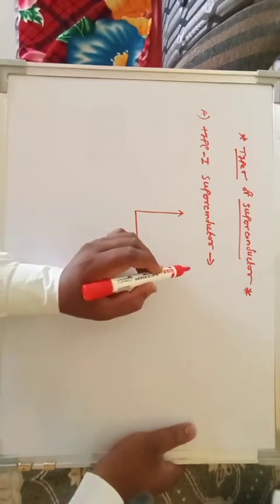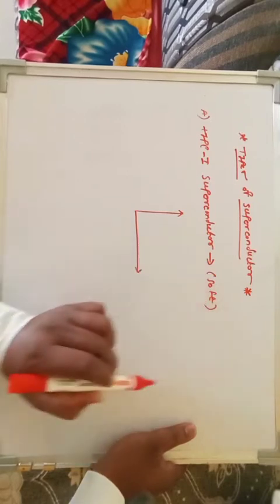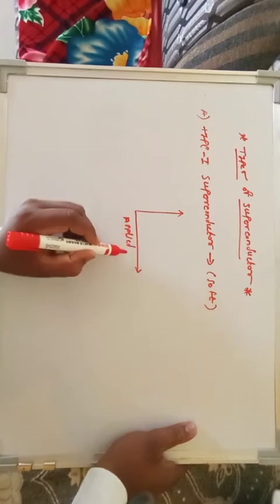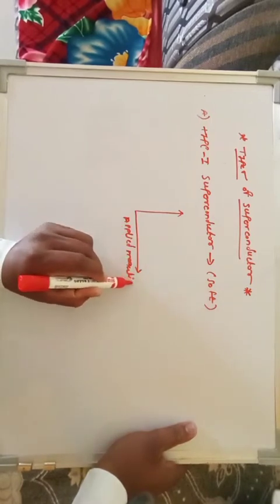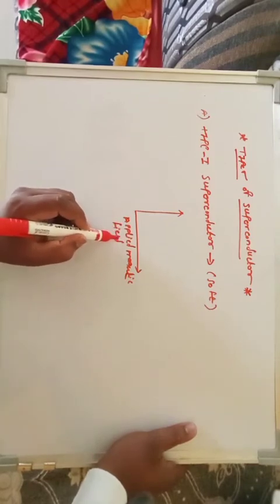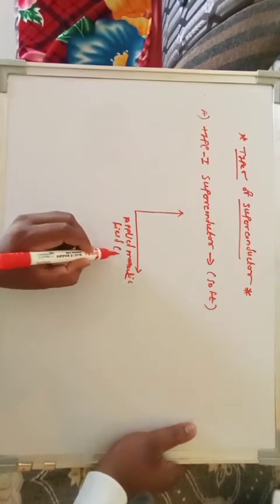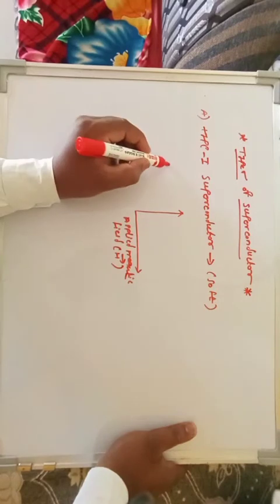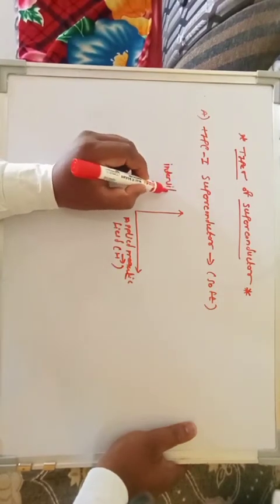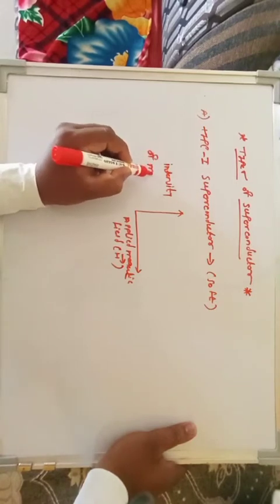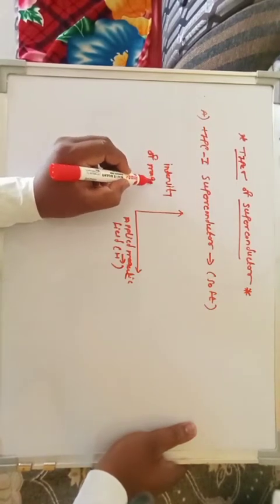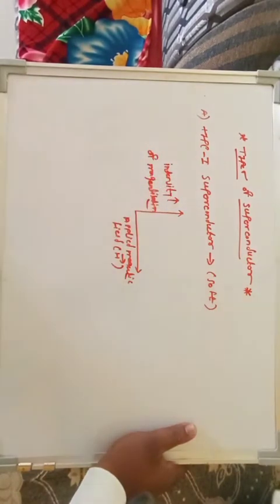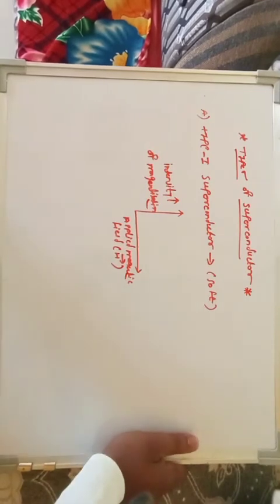So this is your soft superconductor. We plot a graph of applied magnetic field, that is H vector, versus the intensity of magnetization, that is how much the material gets magnetized, along the y-axis.